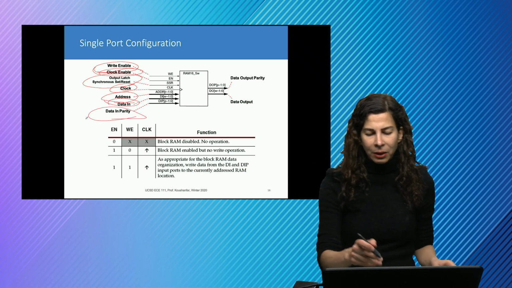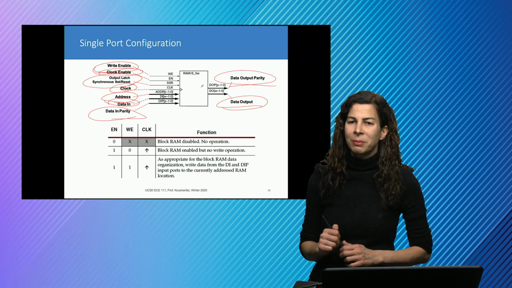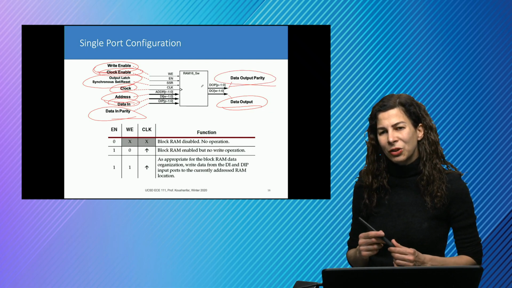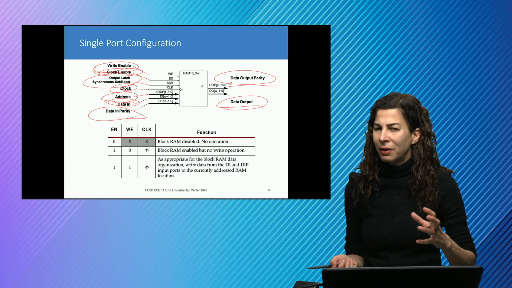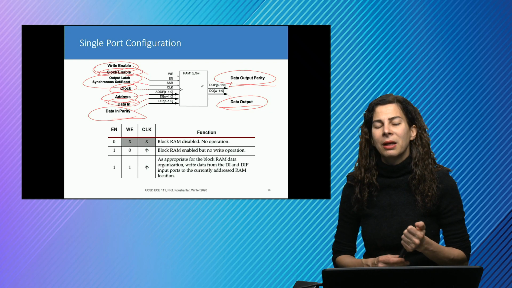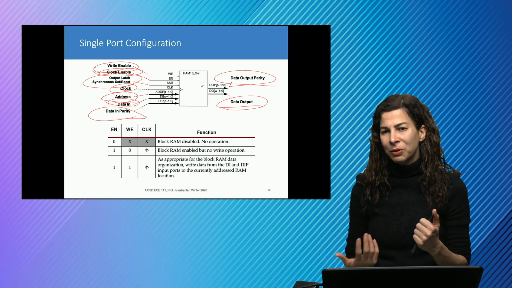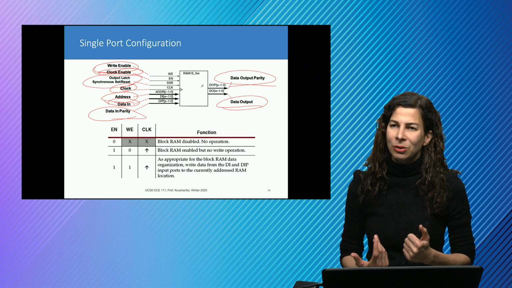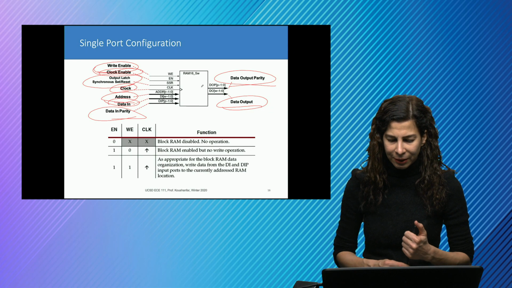Again, for data out, we have both the data out and data out parity. The reason we have these parity bits is that there is a danger of having more errors in the BRAM. The memories are not perfect; they can have errors, and the parity helps us to detect those errors and, if we have a few of them, to fix them.